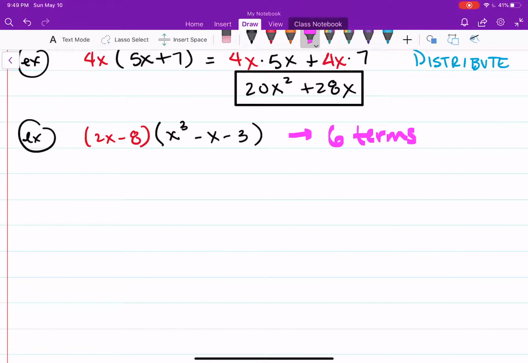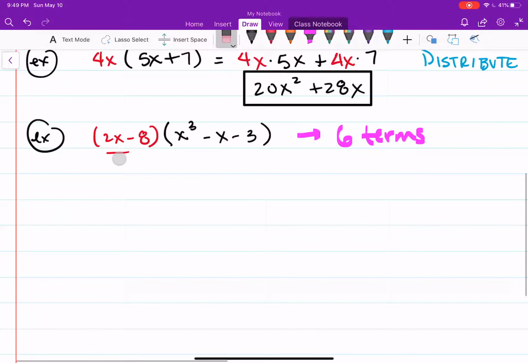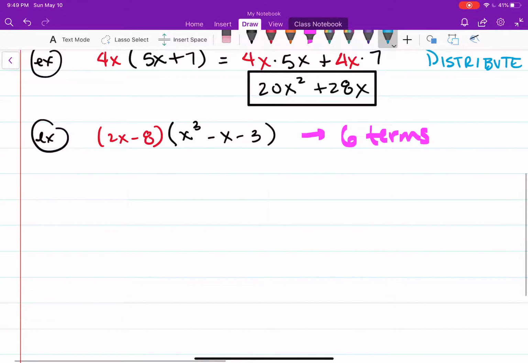What we would do with this is called a double distribute, meaning I'm going to take the 2x, distribute it, and then I'm going to take the -8 and distribute that. And that's what we want to do.